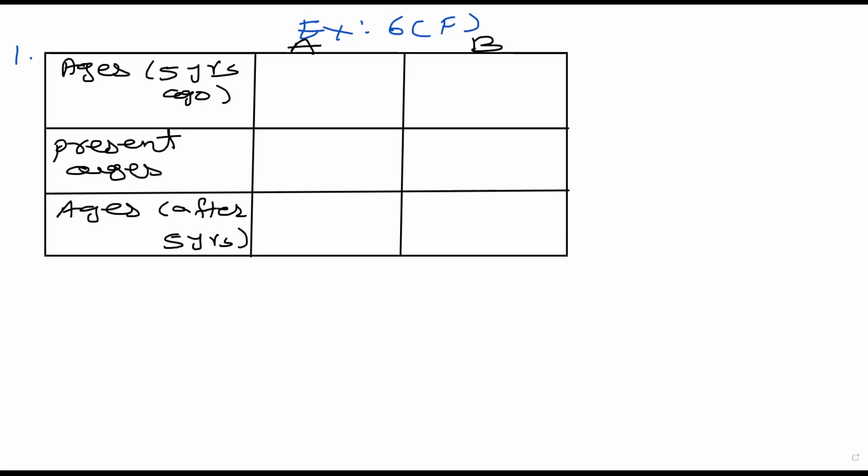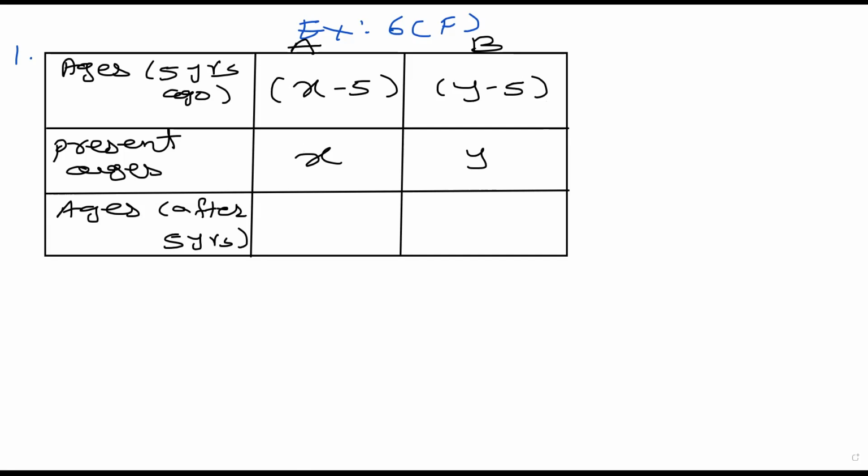Because in the question, you are asked to find their present ages. So let us say the present age of A is x and B is y. Do you agree? Now, what is the condition? According to the first condition, 5 years ago, what will be the age of A? x minus 5, right? 5 years ago, what will be the age of B? y minus 5.